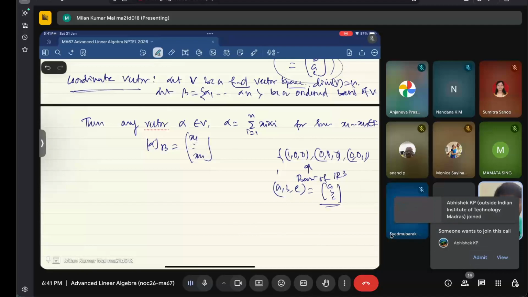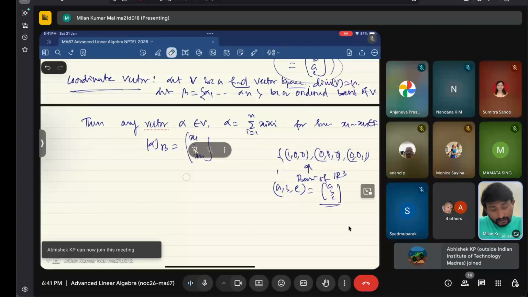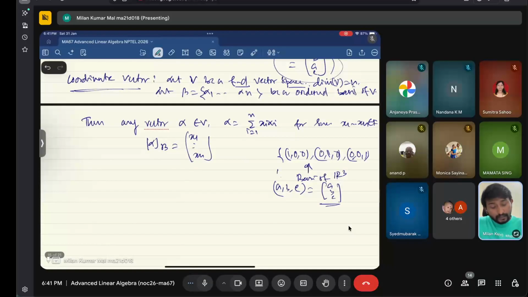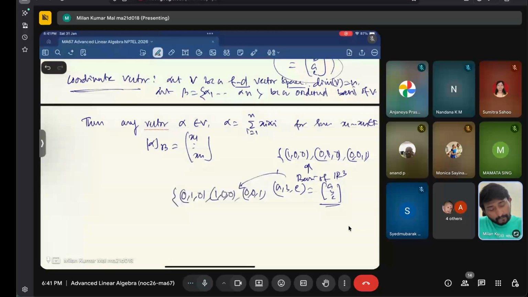But if this is the ordered basis like 0, 1, 0 and 1, 0, 0 and next 0, 0, 1, and you are writing like this, then for ABC the coordinate vector is actually BAC. Okay, this is what becomes the coordinate vector.